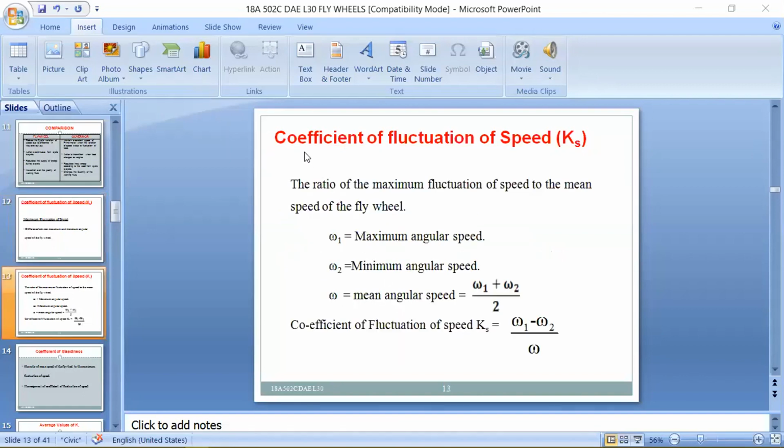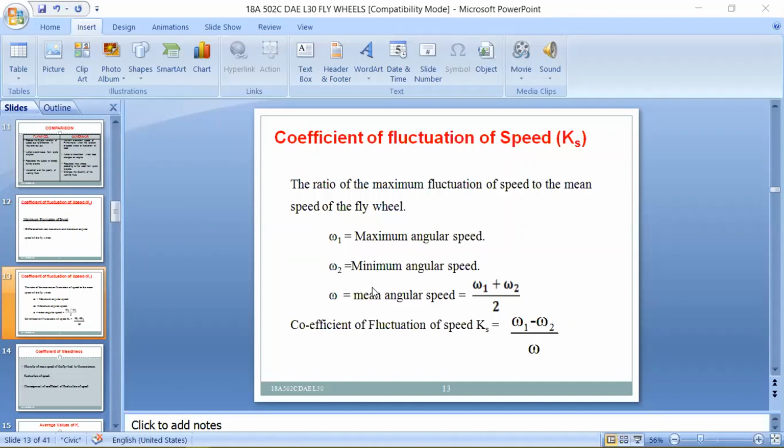Now the coefficient of fluctuation of speed, Ks, is the ratio of the maximum fluctuation of speed to the mean speed of the flywheel. Let omega 1 be the maximum angular speed in radians per second, and omega 2 the minimum angular speed in radians per second.